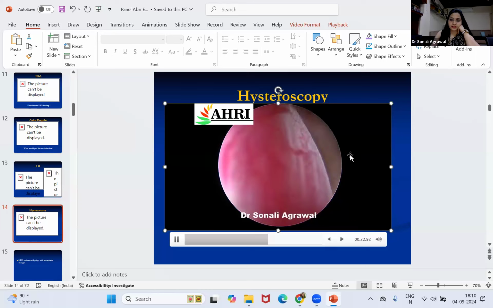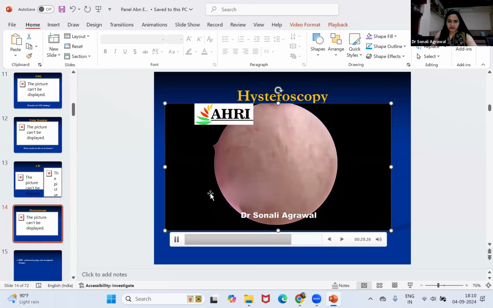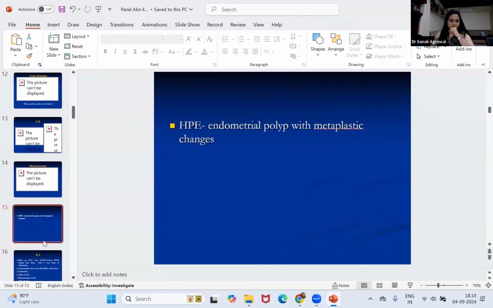We did a removal of this hysteroscopically and then sent it. You can see the vascularity in this space. It was sent for histopathology, showing an endometrial polyp with metaplastic changes.